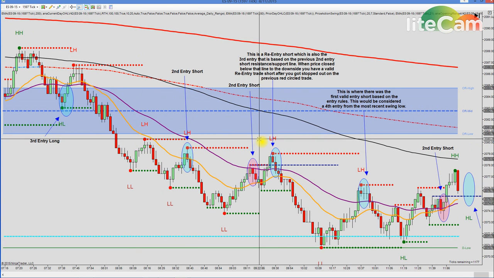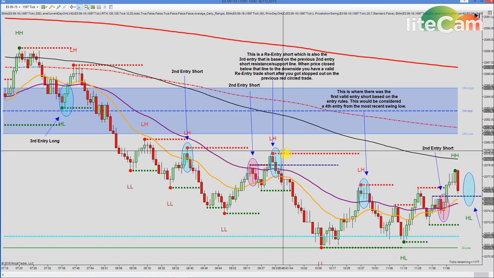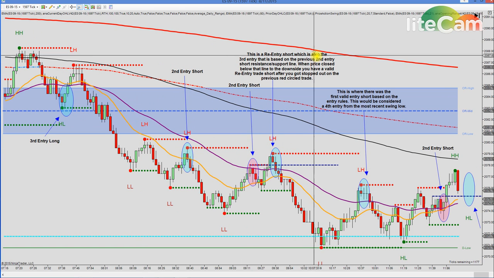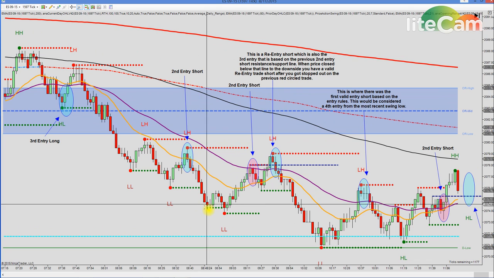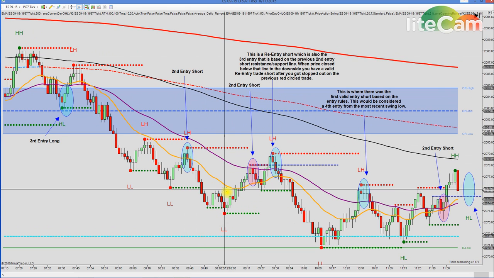Here is an example of a re-entry trade, and I describe it here in text, so you can read that as well. But basically, a re-entry trade is taking a trade after you get stopped out of a trade.